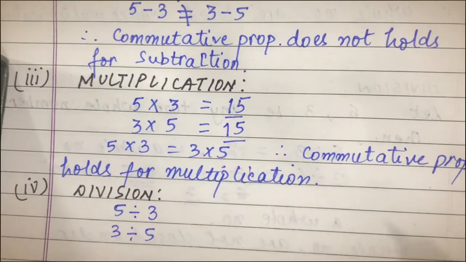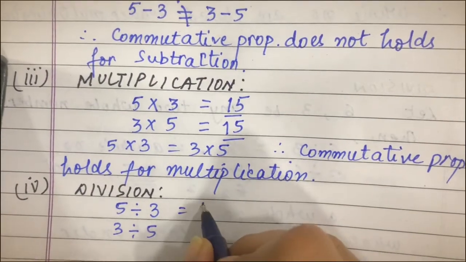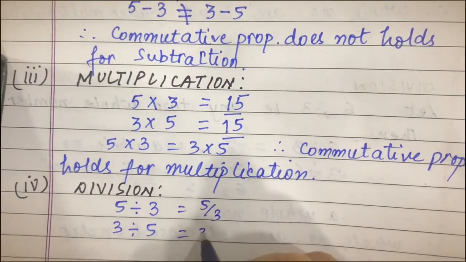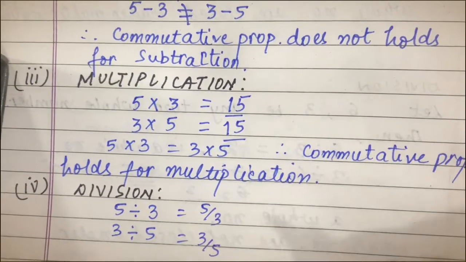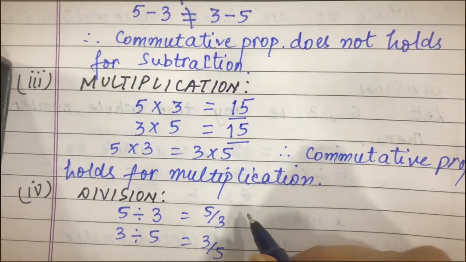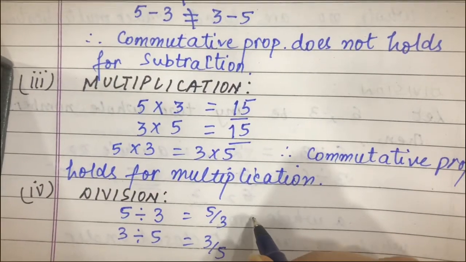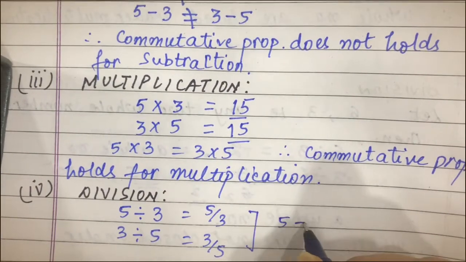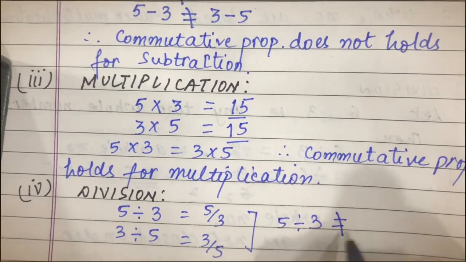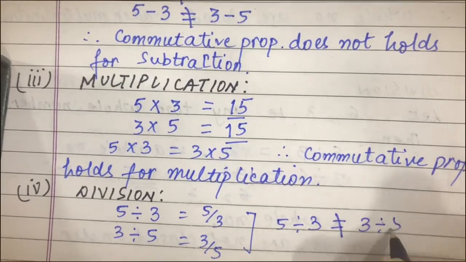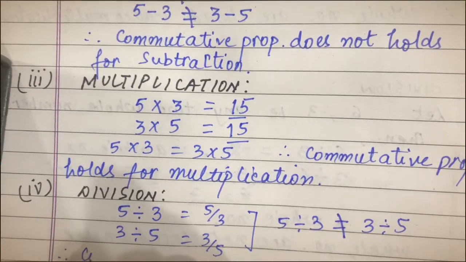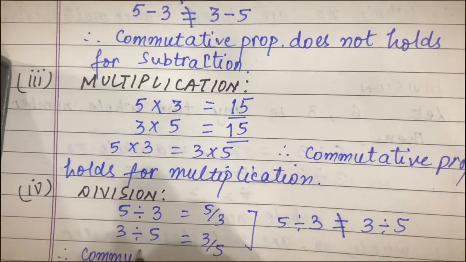These are the two possibilities. So here it will be 5 upon 3, here it will be 3 upon 5, which are already in simplest form. So in both cases, they are not equal. We know the two fractions are not the same. Hence, we can write 5 divided by 3 is not equal to 3 divided by 5. So commutative property does not hold.